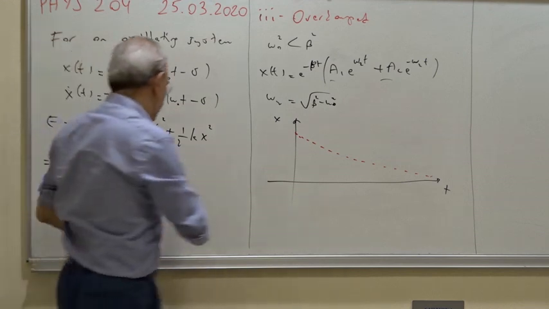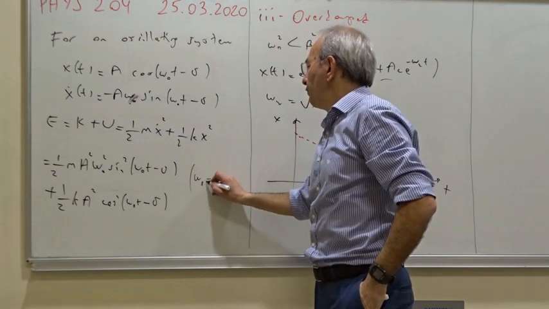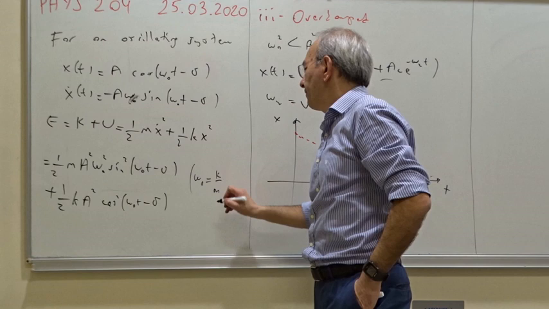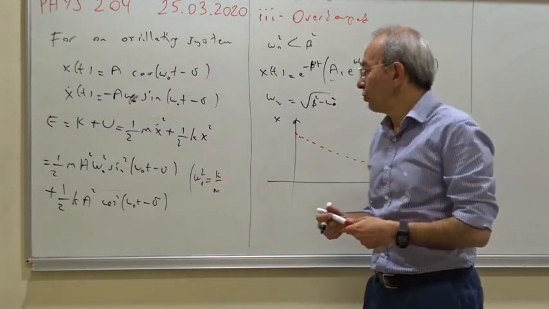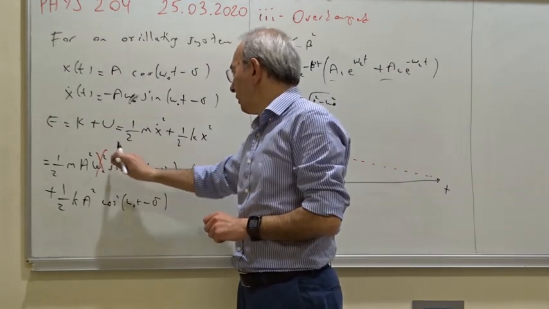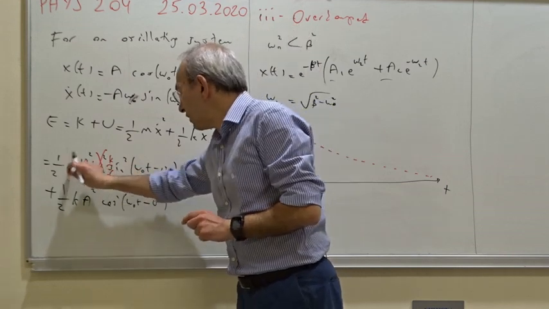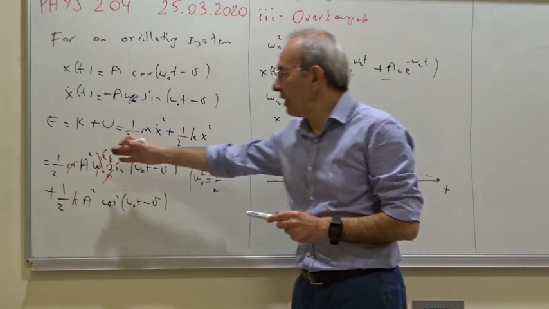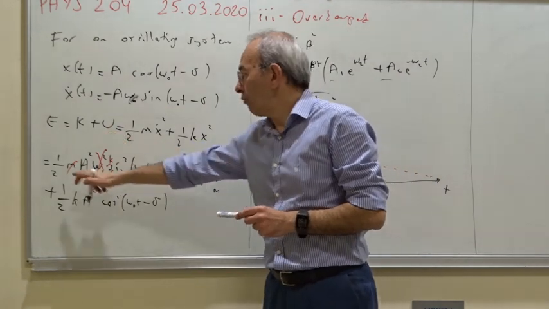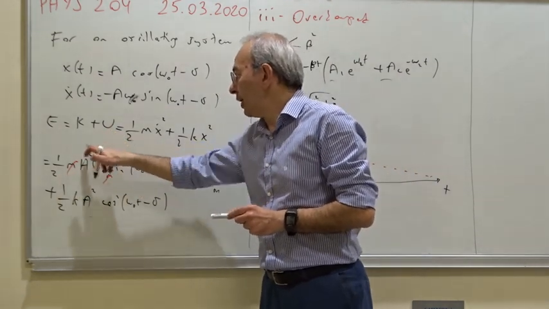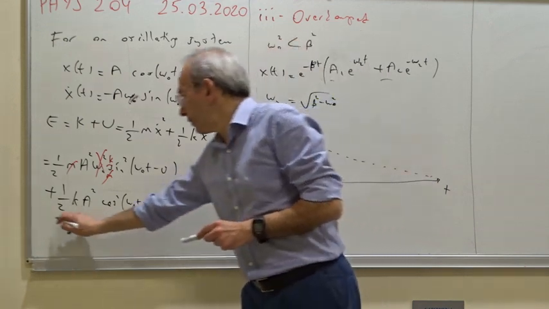But what is omega 0? Remember, omega 0 squared was defined as k over m. So replace this omega 0 squared with k over m, so that the m's will cancel, and we have the same term, 1/2 k A squared sine squared.